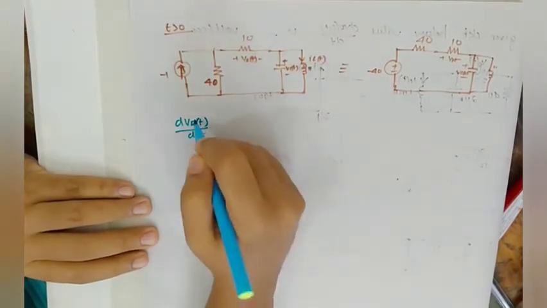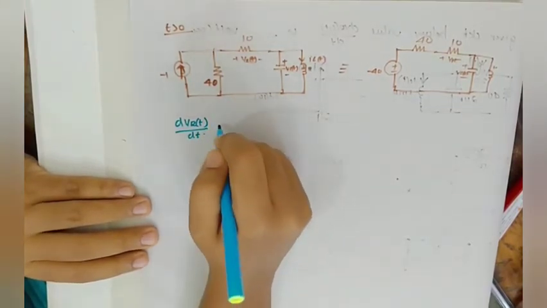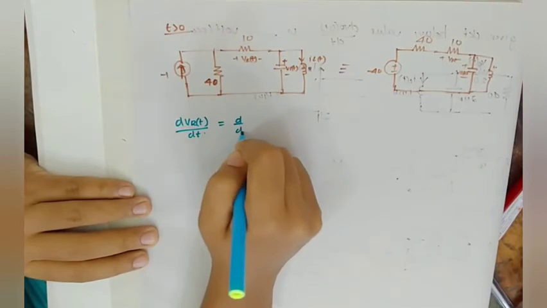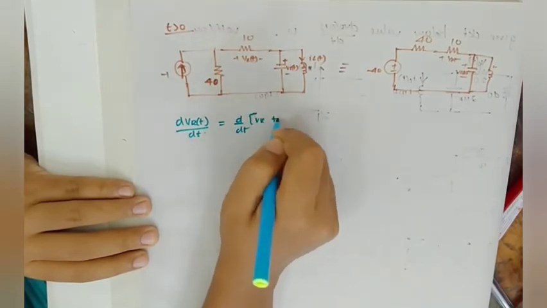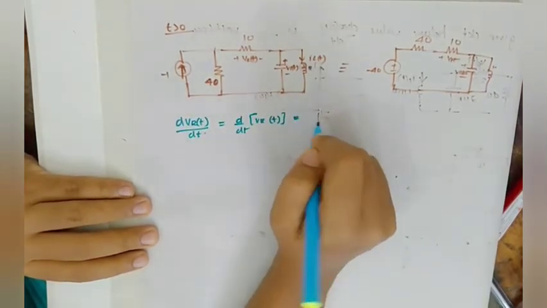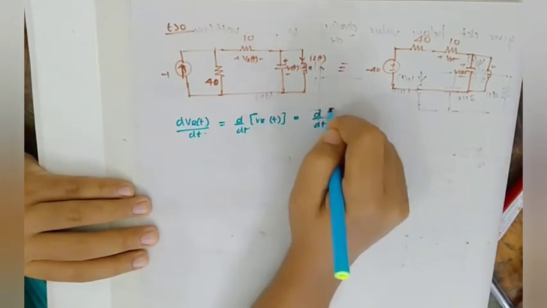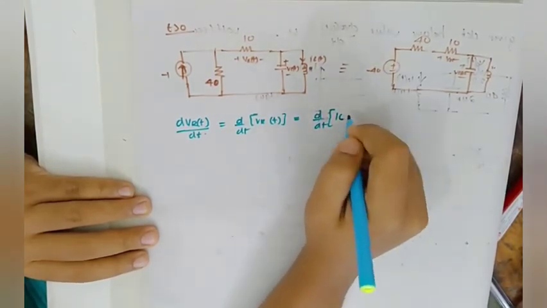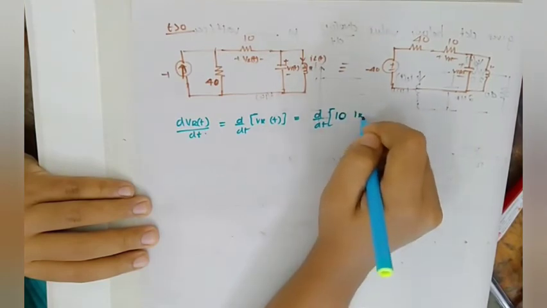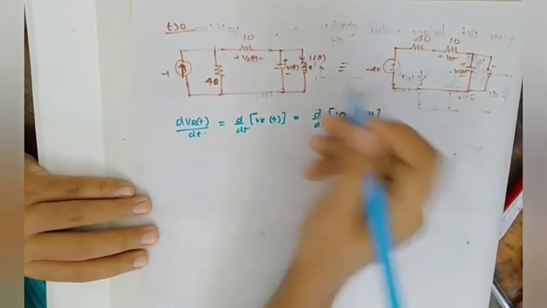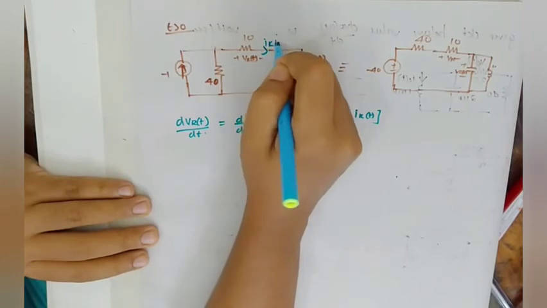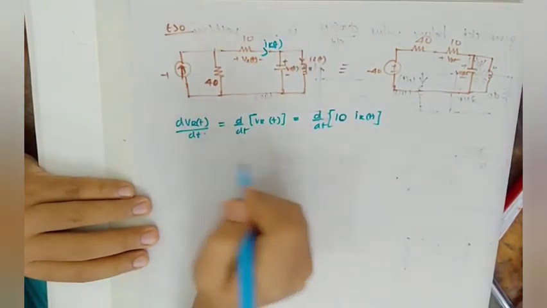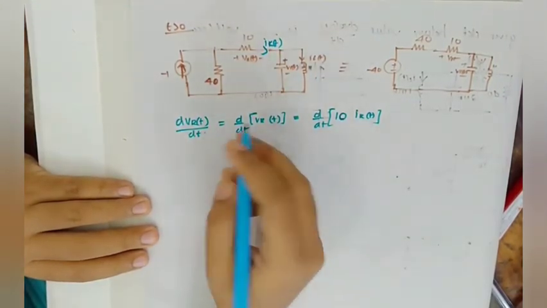So first of all I'll write dVR of t divided by dt, which is equal to d by dt of I into R. VR of t is I into R, right? So 10 into IR of t.